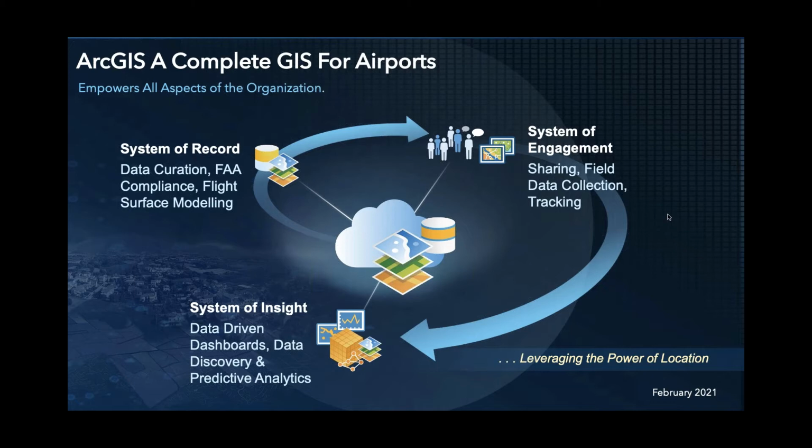We're also seeing that many airports are developing more maturity and extending their GIS reach from the regular system of record domain that many of you have maintained into the realms of the system of engagement and a system of insights, as I'm showing on this diagram. And so airports are now leveraging the authoritative data they have been maintaining in the system of record to support things like mobile apps used by operations staff working on the airfield and around terminals.